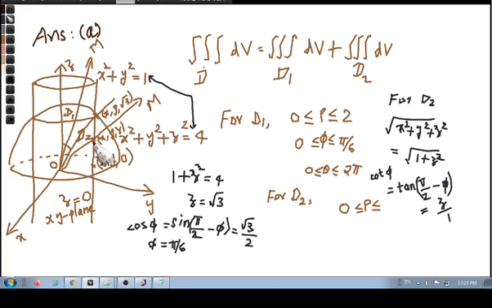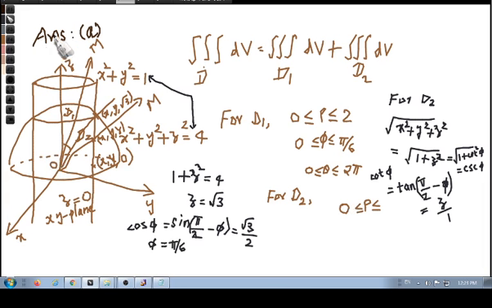Square root of 1 plus z square. So it is square root of 1 plus cot square phi, so it is cosec phi. Yes, we found out the distance. So rho varies from where to where? Rho varies from 0 to cosec phi.